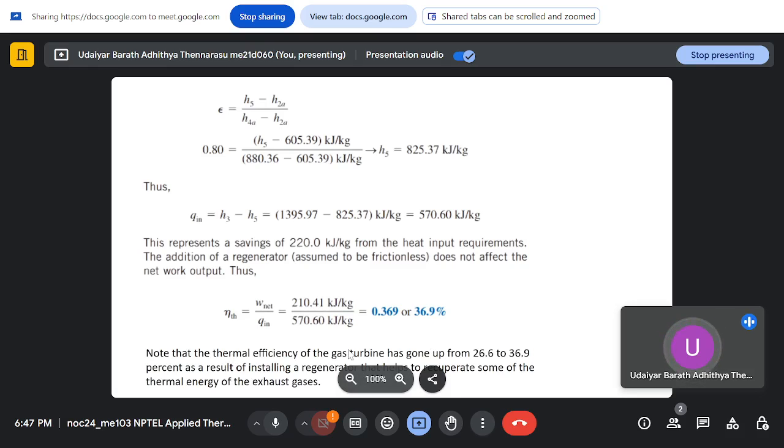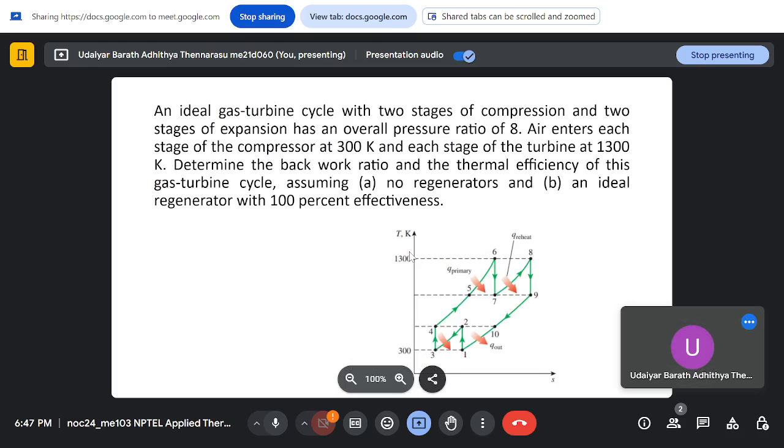So the thermal efficiency of the gas turbine has gone up from 26.6 to 36.9% as a result of installing a regenerator. So that helps to recuperate some of the thermal energy of the exhaust gases. Next we will see how a reheater and intercooler affect the cycle.